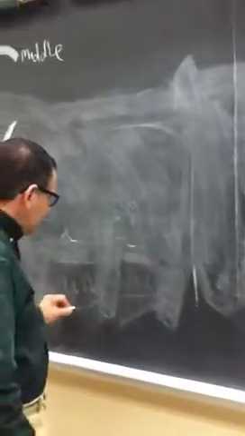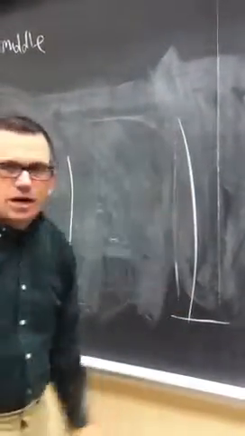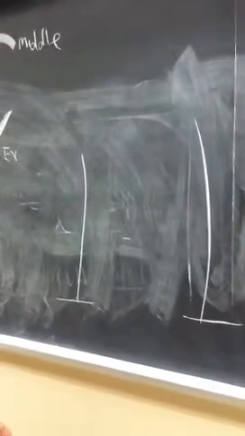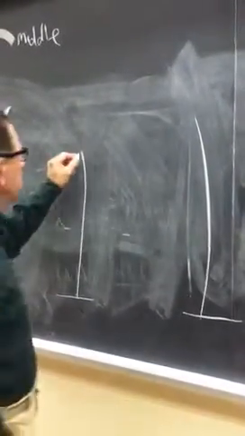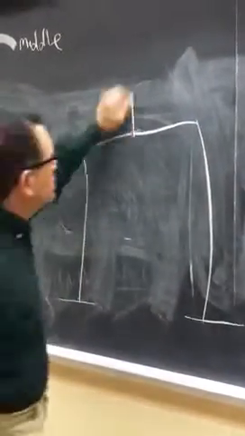You have a subclavian artery and a subclavian artery. You have a vertebral artery that goes up and a vertebral artery that goes up. Right inside the foramen magnum, they join and form the basilar artery.